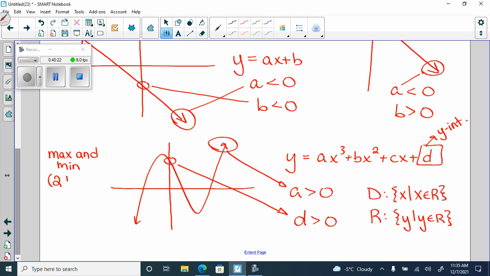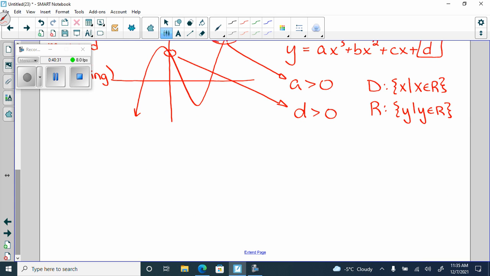So this one has 2 turning points. What's the other thing that can happen on a cubic? Do you remember? It kind of sounds like inflection, but it's not. Inflection. So a point of inflection is where it curves, right? So a cubic can have a point of inflection.